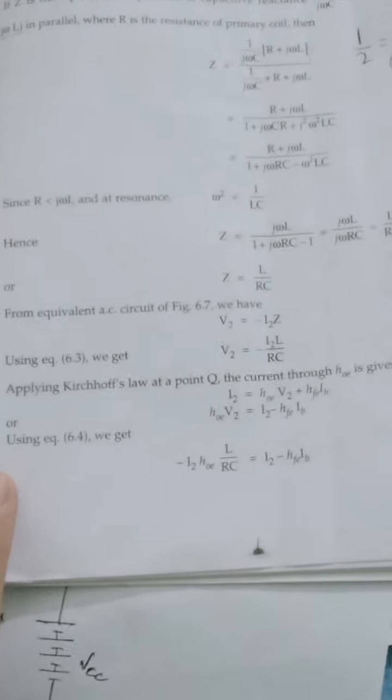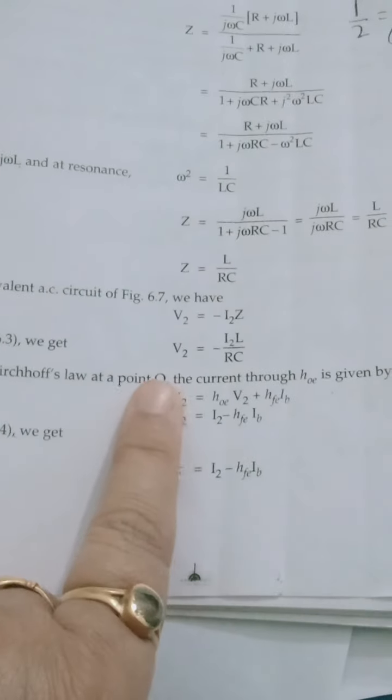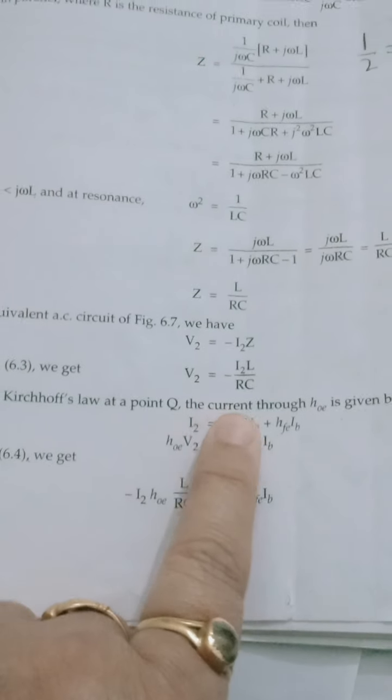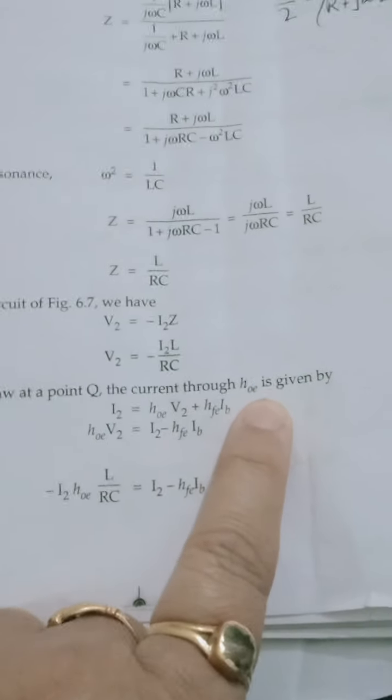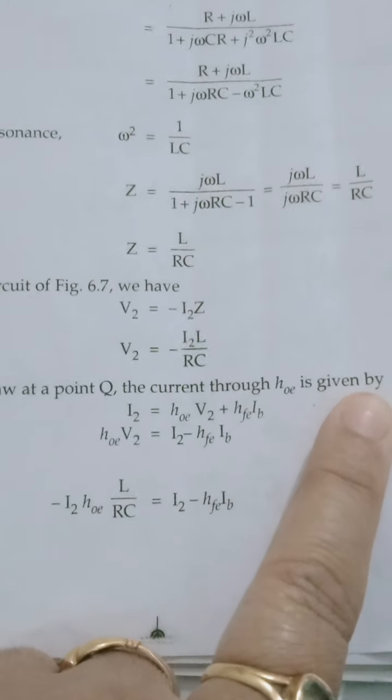Now further, applying Kirchhoff's law at point Q, the current through HOE will be given by.